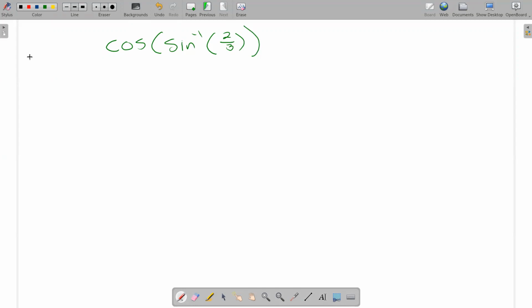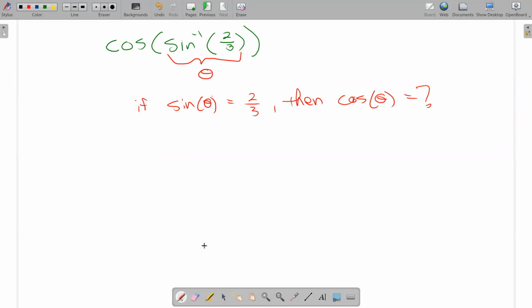So what does an inverse function do? Inverse function outputs an angle. So the result of this right here is some angle, theta. So I can rewrite this statement right here by saying, if the sine of theta is 2/3, then what is the cosine of theta? So that'd be a restatement of that, right? Because the sine inverse is an angle.